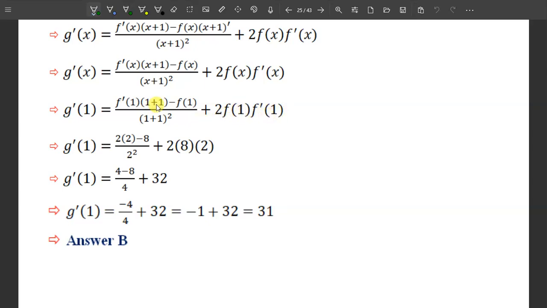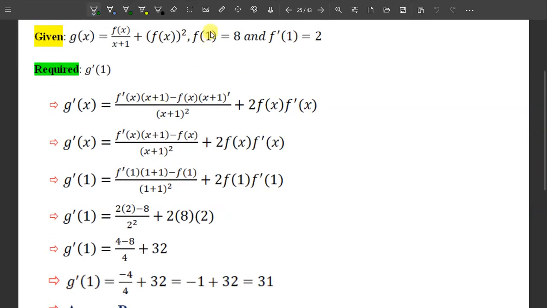Here, f of 1, which is given, is equal to 8, and f prime of 1 is also equal to 2.